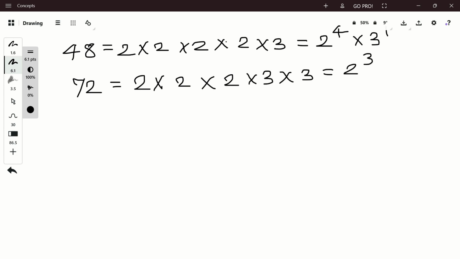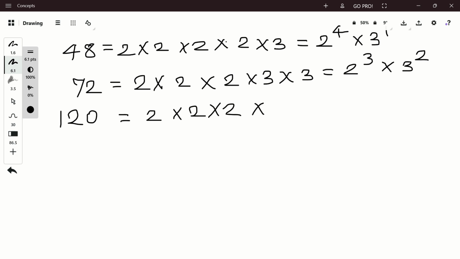That is equal to 2 to the power 3 into 3 to the power 2. 120 is 2 into 2 into 2 into 3 into 5, which is equal to 2 to the power 3 into 3 to the power 1 into 5 to the power 1.